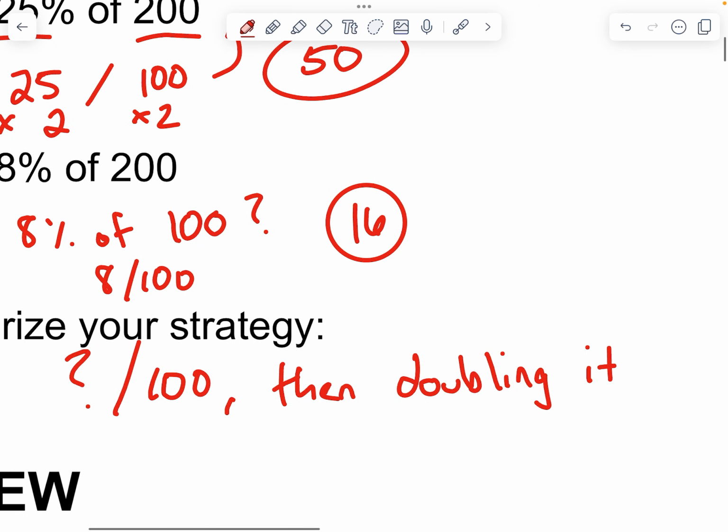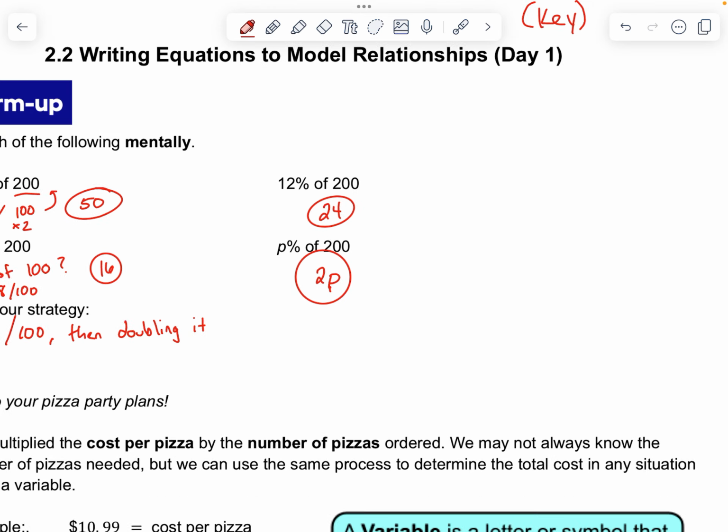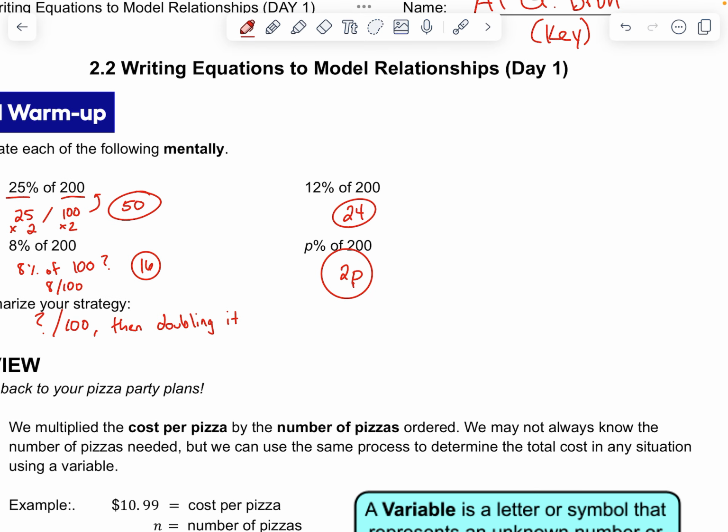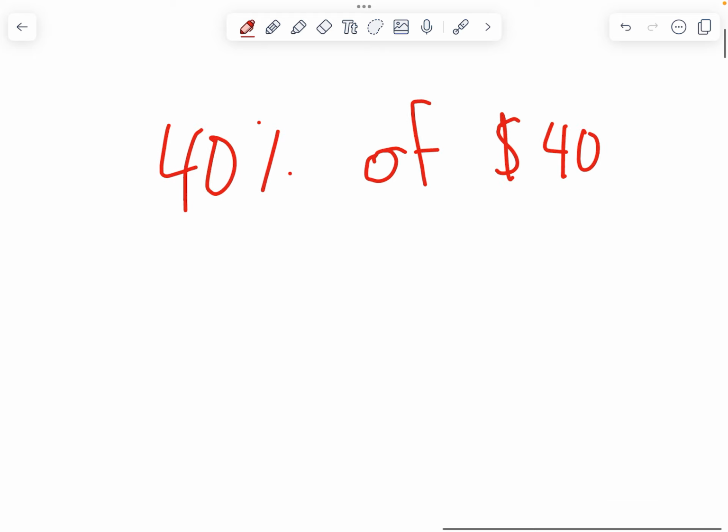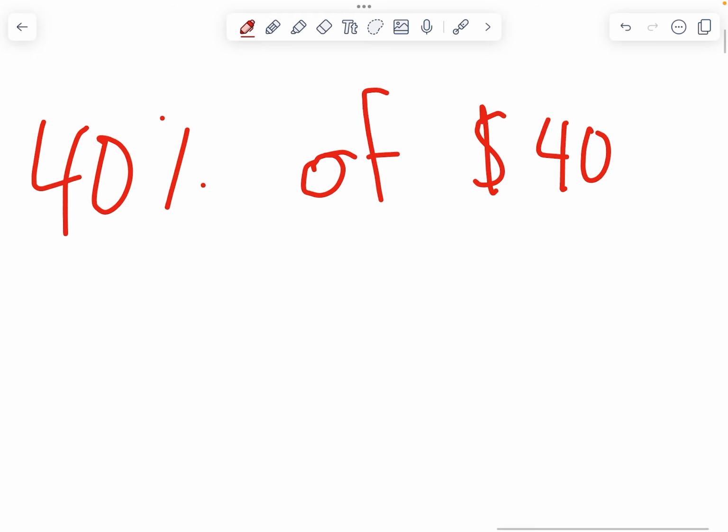Okay, and I do the same thing too. Sometimes when it says, like, for instance, what is 40% of $40? Right? Let's say I want to take 40% off of a t-shirt that's $40. Okay, well, I would try to give it to a multiple of 10. So instead of thinking of 40, I'd say, okay, well, what's 40% of $10?